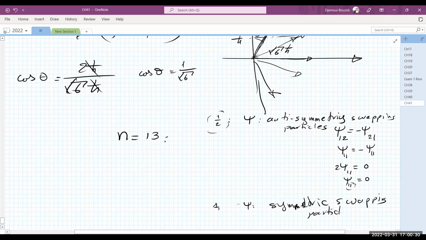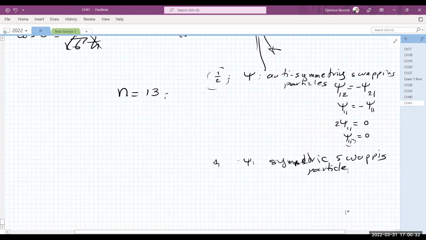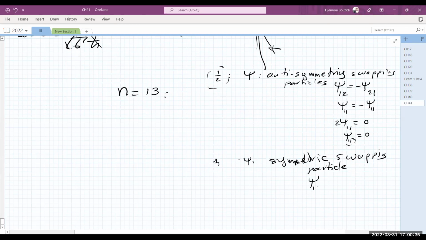What that means is psi of 1, 2 is the same thing as psi of 2, 1. So if I am talking about the same state for the 2 different particles, I can write it this way, which is fine. Regardless of what psi is, this is perfectly legitimate. So 2 integer-spin particles can occupy the same state. Those are called bosons.